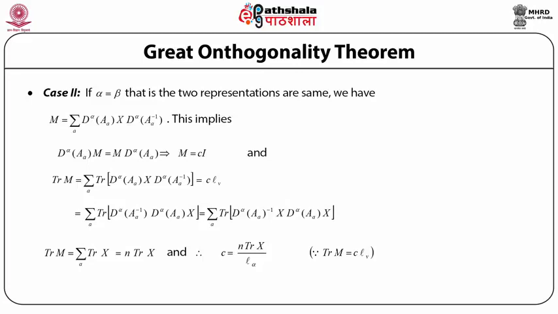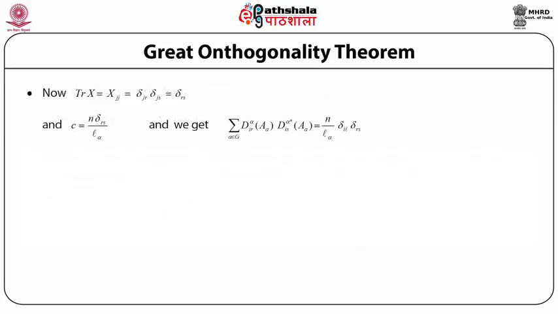So therefore trace of M is equal to C times L alpha, which is equal to trace of D alpha(A inverse) D alpha(A) X, which in turn is equal to the trace of X. Therefore trace of M is equal to n times the trace of X. Therefore C is the constant, where M is equal to C I. This constant C is n times the trace of X divided by L alpha, where L alpha is the dimensionality of the irreducible representation and n is the order of the group.